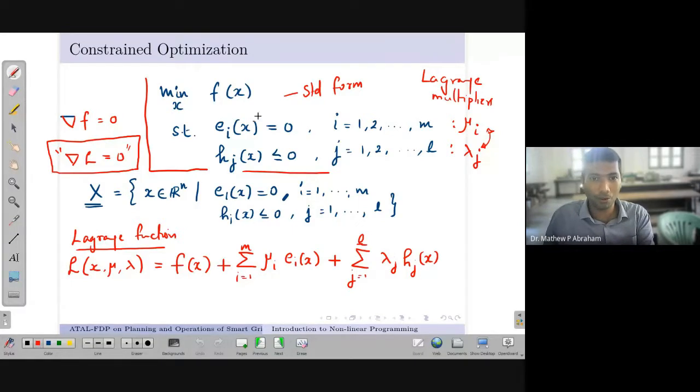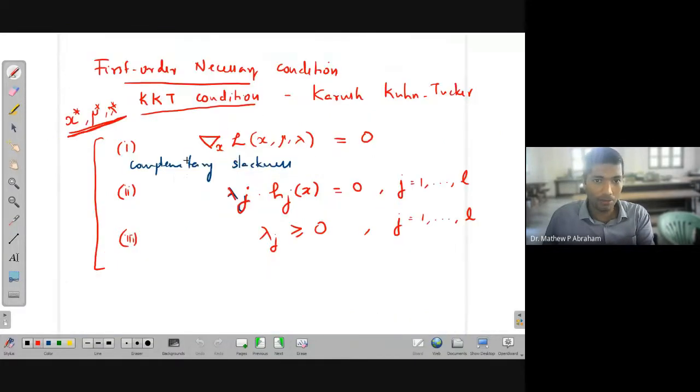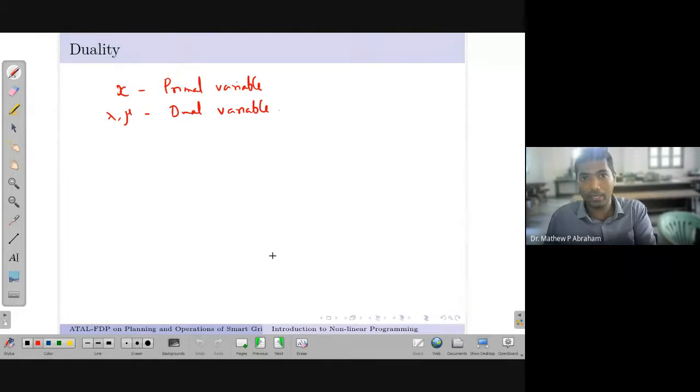If you try to solve this problem using first order necessary conditions, you will have a lot of conditions, depending on whether lambda is greater than 0 or lambda equal to 0, and on the number of inequality constraints. It's not at all easy to solve a general constrained optimization problem.